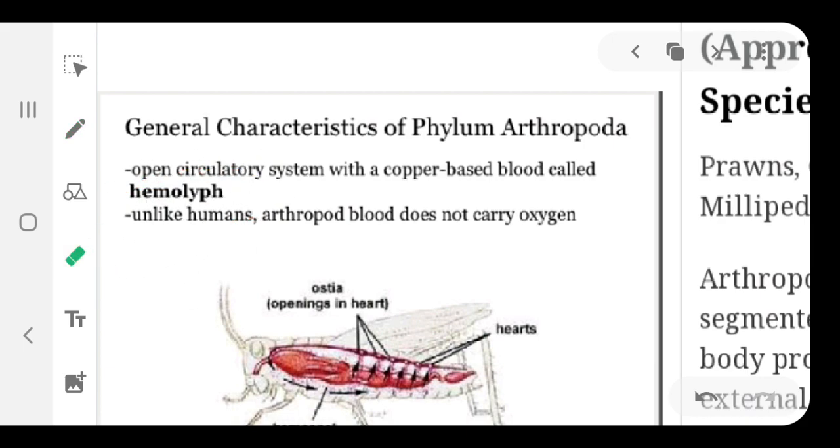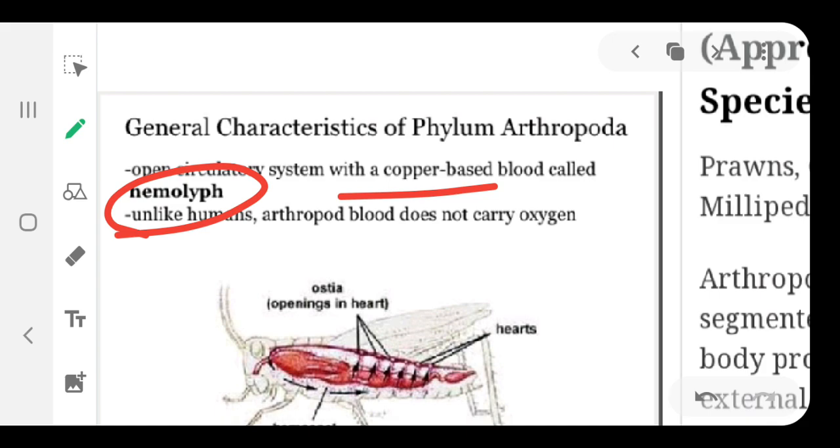That means they won't have blood vessels in which the blood flows, as in the last phylum we studied. So here the blood is referred to as, underline the word, hemolymph. So they won't have hemoglobin. Okay, they have copper based blood, as we have iron based blood, hemoglobin, but in this they have copper based blood. Okay, so that is called hemolymph.